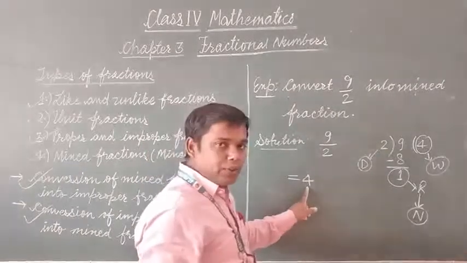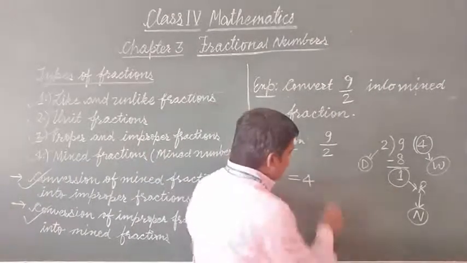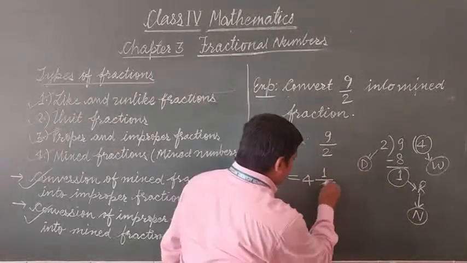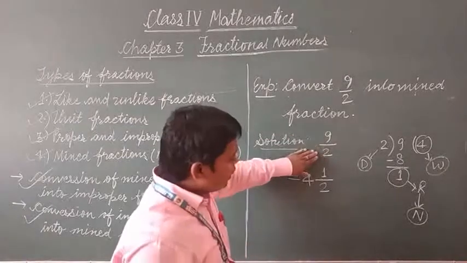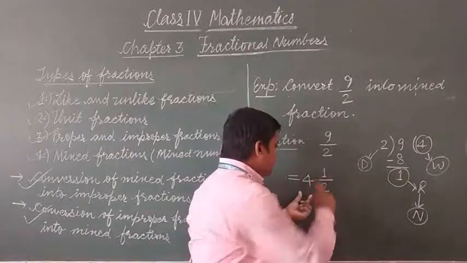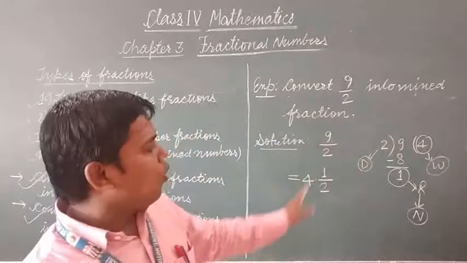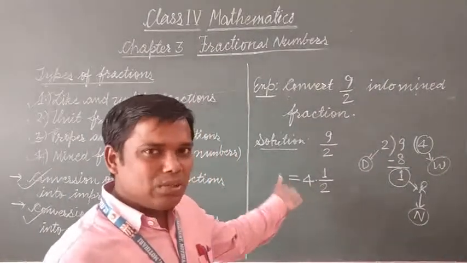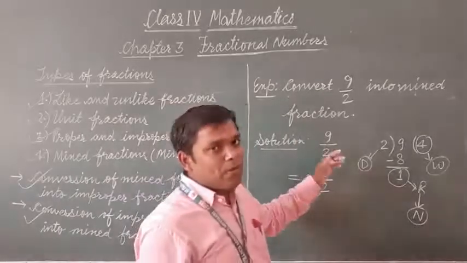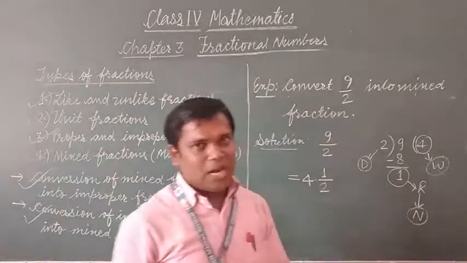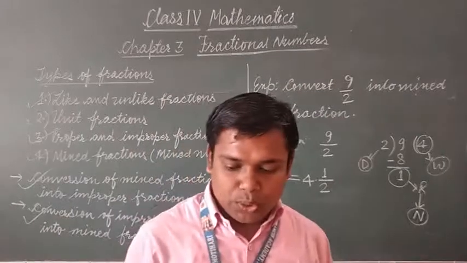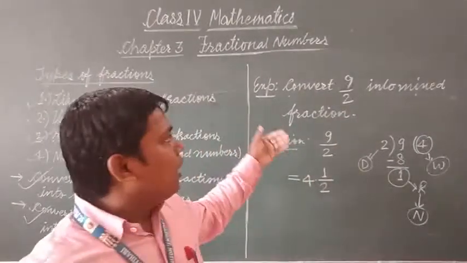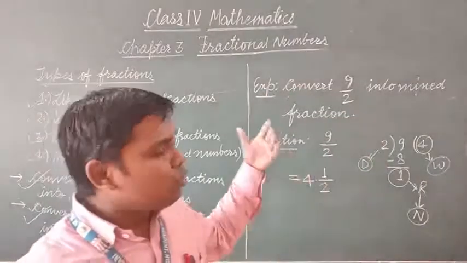So the quotient will become the whole part, 1 as remainder will become the numerator, and this 2 will become the denominator. So 9 by 2 will be converted into mixed fraction and it will come 4 whole 1 by 2. So it is quite easy to convert from improper fraction to mixed fraction. I hope you understood how to convert improper fraction into mixed fraction.